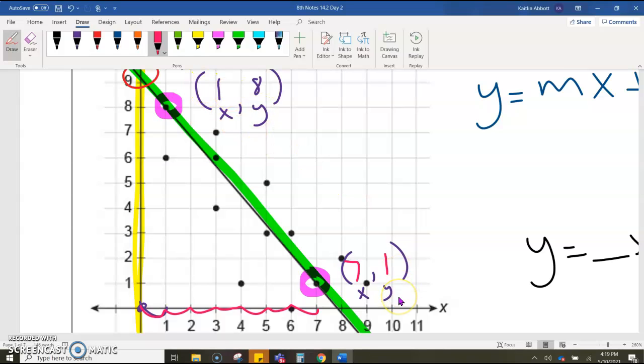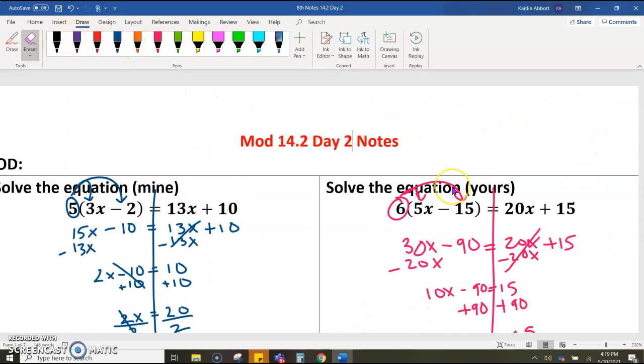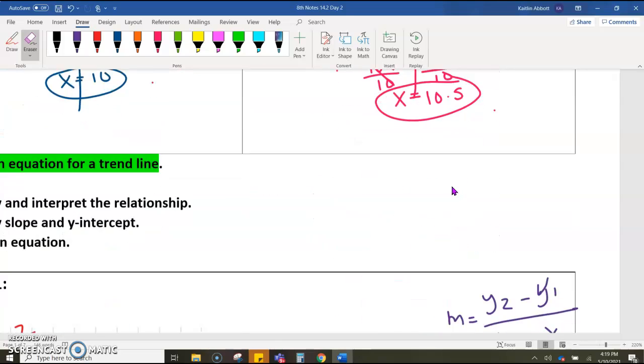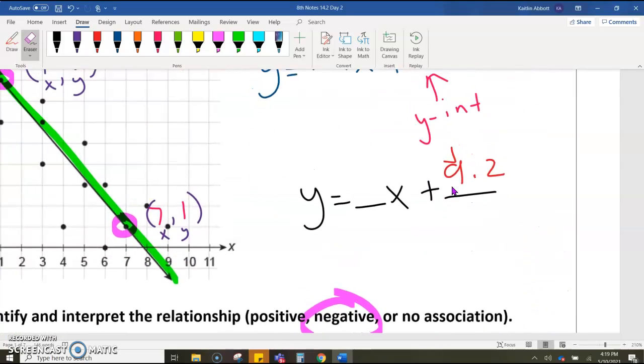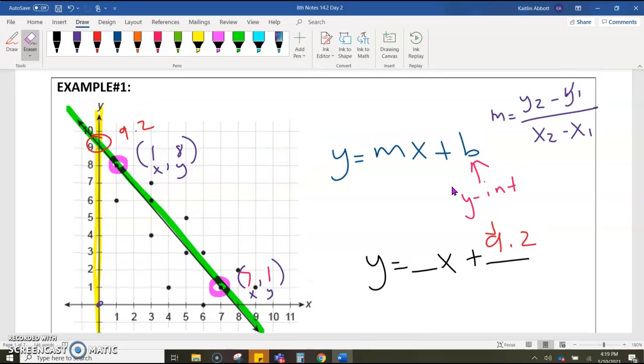Okay, so now I have my two ordered pairs. I'm going to erase these. Hopefully you're okay with that. Don't want things messy. Now I'm going to take my two ordered pairs and plug them into my equation. So y1 and y2. We'll just say this one comes first and this one comes second, because right to left.